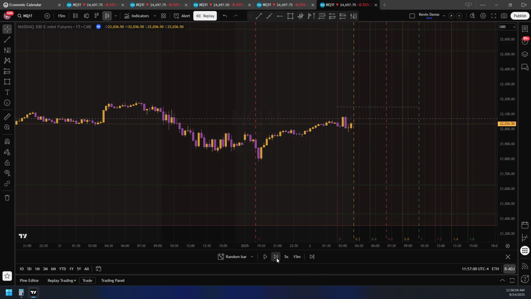So we'll just step through bar by bar here. I want to see what they do. So this section right here is London session, and then from here to here is a joint London and US session. This is London and New York.